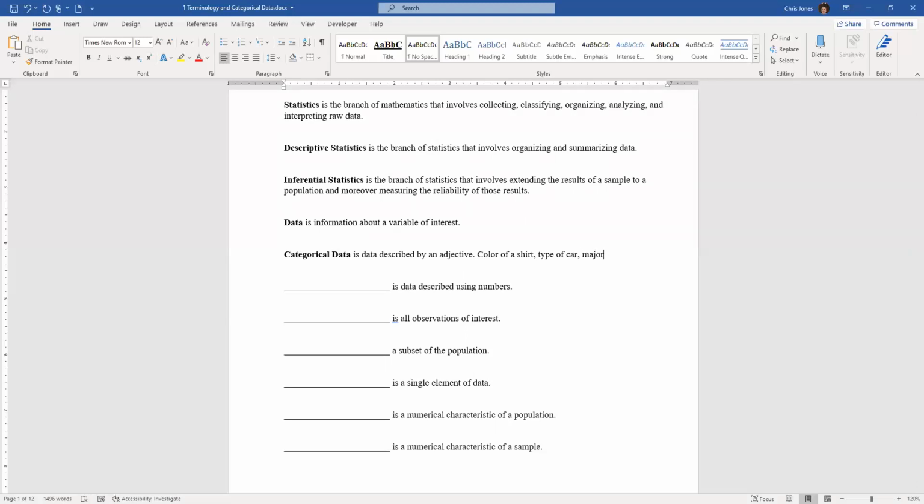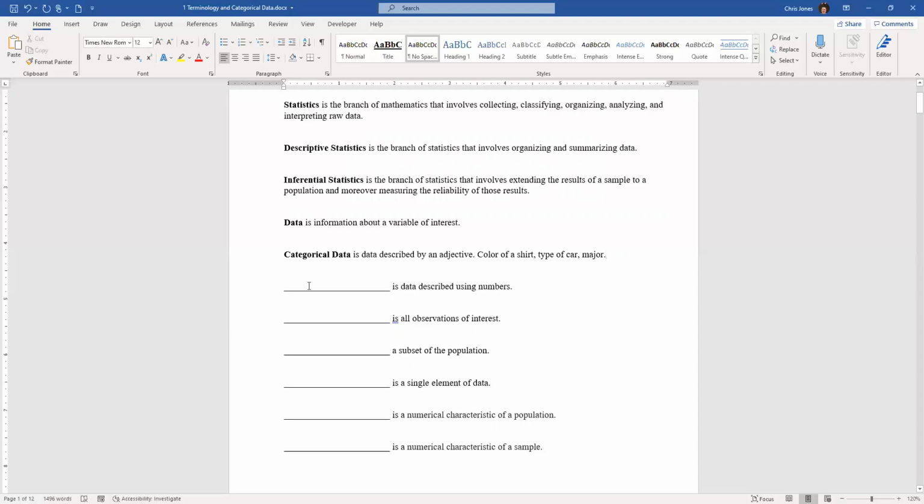Okay? Those are all different descriptions of categorical data. In other words, you can count how many there are, but you can't necessarily assign a number to it. All right, like for instance, your major, you can't say that my major is 6.5. You would say that your major is criminal justice or education or mathematics or something of that nature.